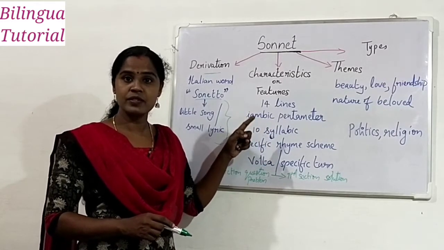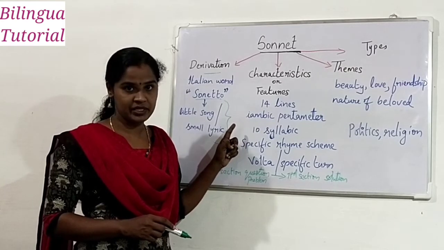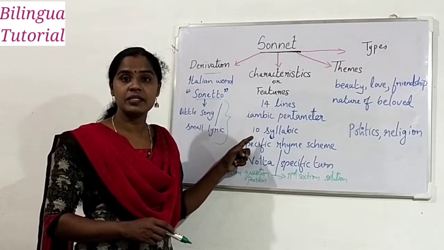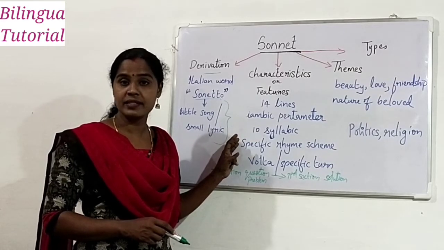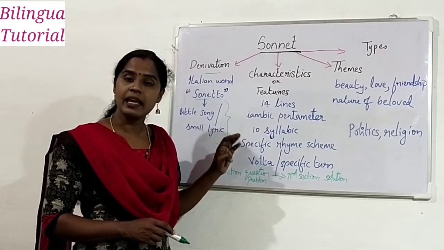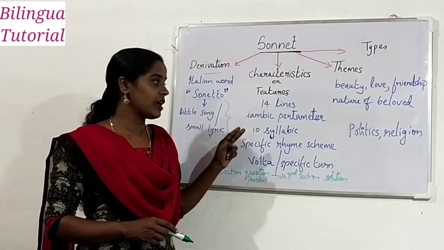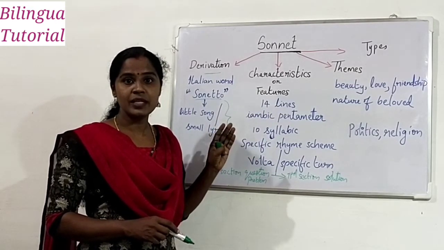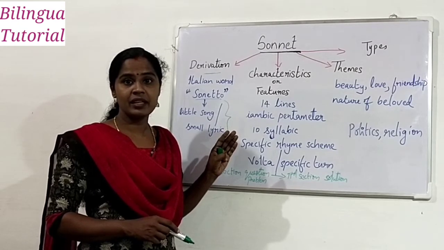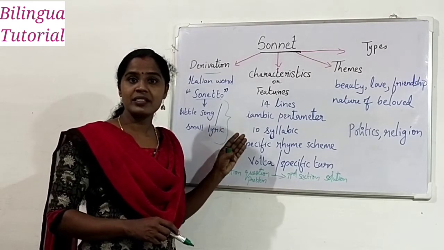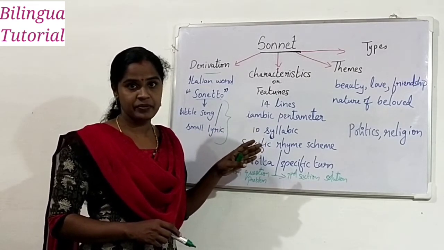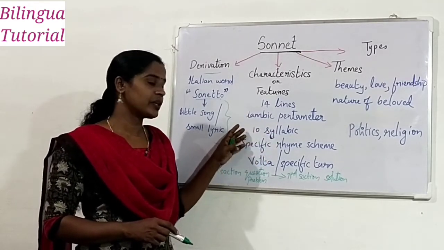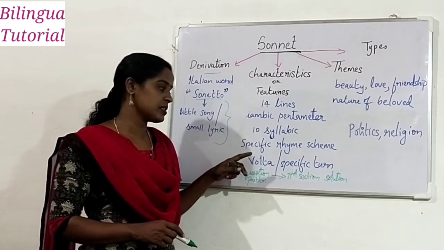Iambic pentameter itself says that it has 10 syllables. Penta means 5, so 2 syllables arranged in an order, stressed and unstressed, make up iambic pentameter. Altogether there are 10 syllables.